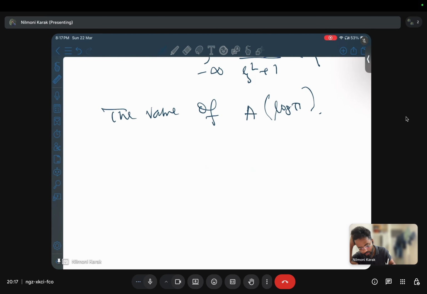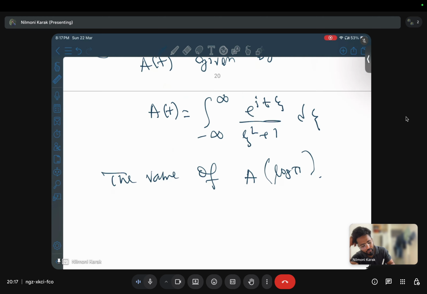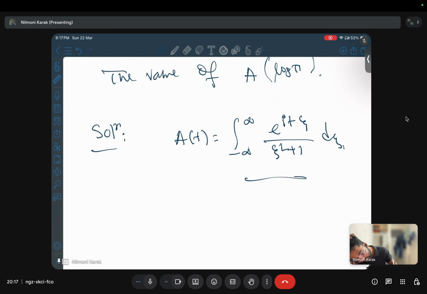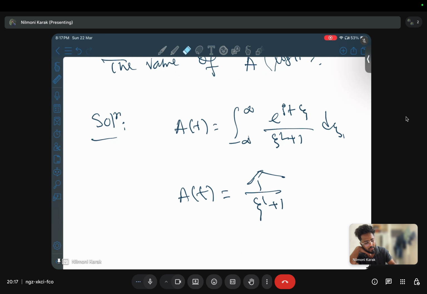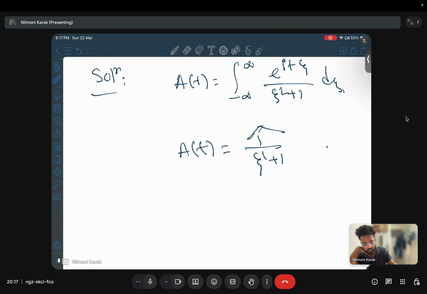Actually, previously we have seen a(t) equals the integral from minus infinity to infinity of e to the power i t j by j square plus 1 dj. If you see carefully, this a(t) is nothing but the Fourier transform of this.